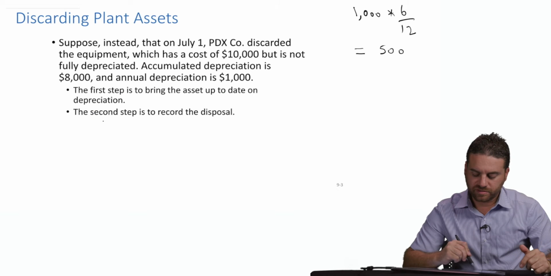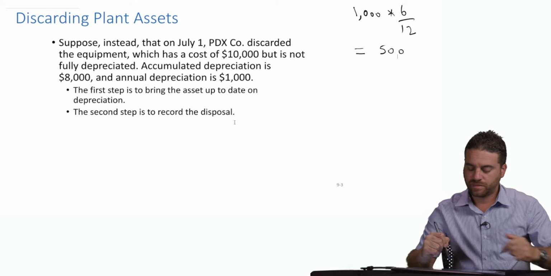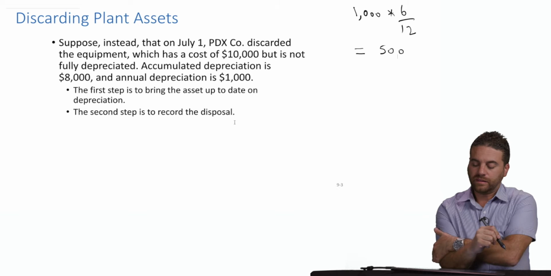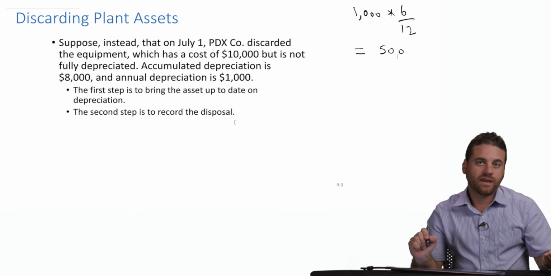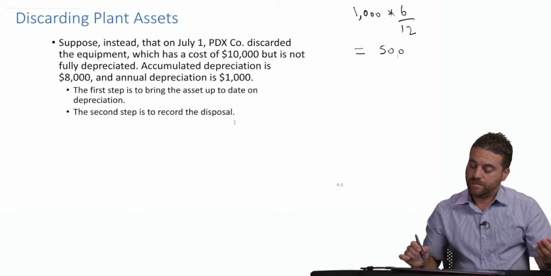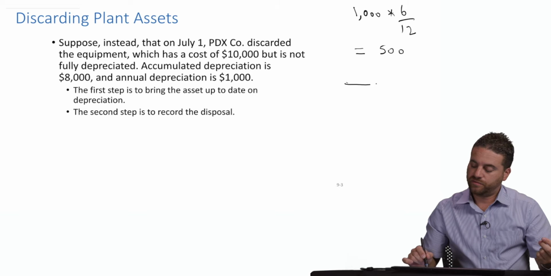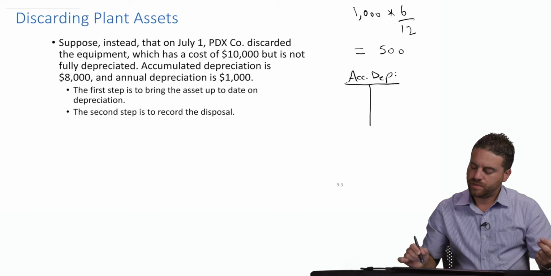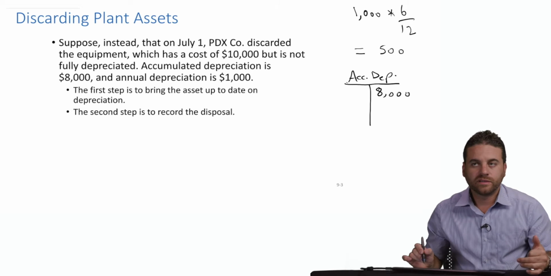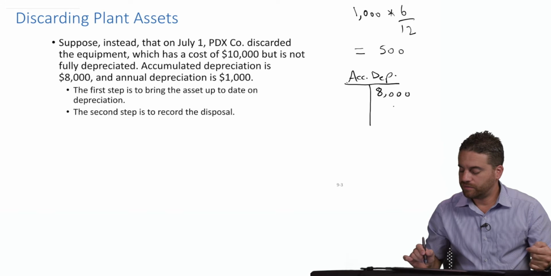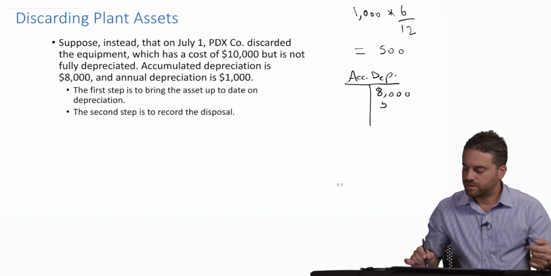The next step is to record the disposal. Now, I'm not selling it. I'm not getting any cash. Let's make a T account for accumulated depreciation. It used to be $8,000 credit balance, and we just recorded a depreciation expense of $500.